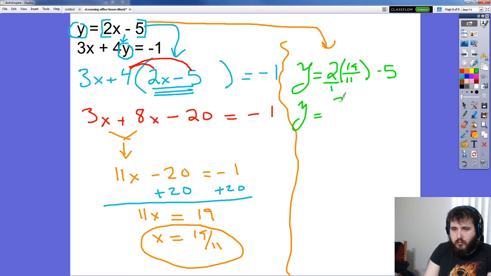19 times 2 is 38. And now this minus 5, this is making this difficult to do. So what I'm going to do is turn this 5 into a fraction with a denominator of 11. I'm just going to multiply the top and the bottom by 11.